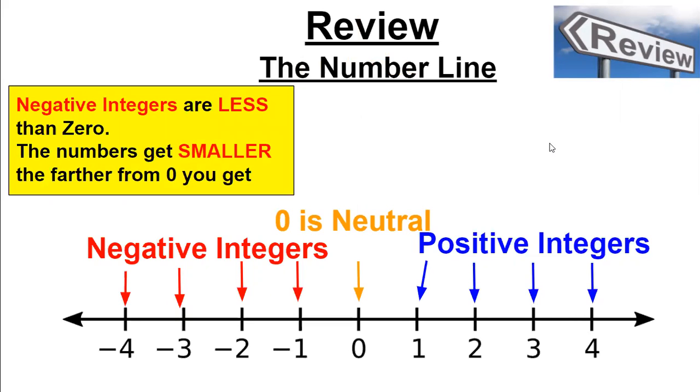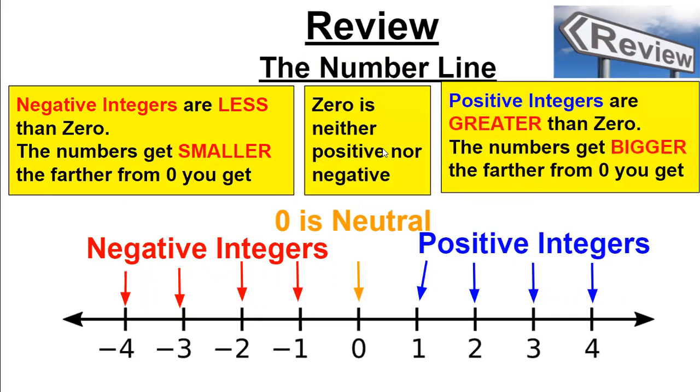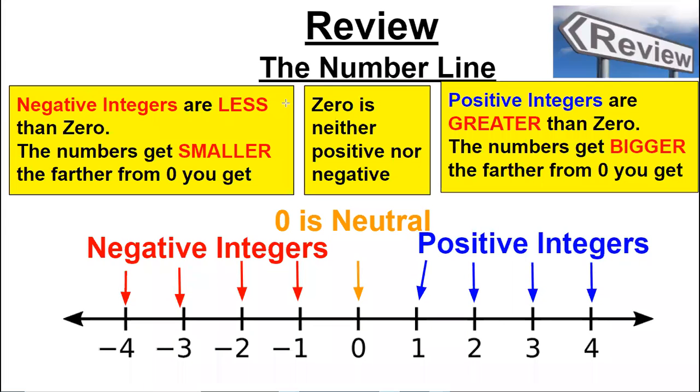Negative integers are less than zero. The numbers get smaller the farther from zero you get. And positive integers are greater than zero. The numbers get bigger the farther from zero you get. And zero, again, is neither positive nor negative. Something to keep in mind is as you go to the right, the numbers get bigger and bigger.